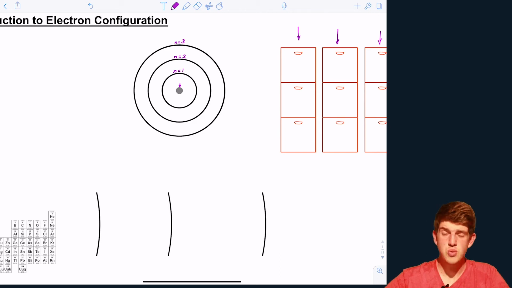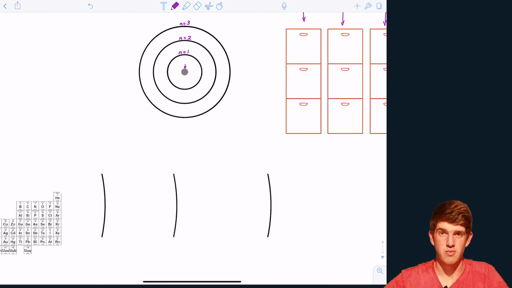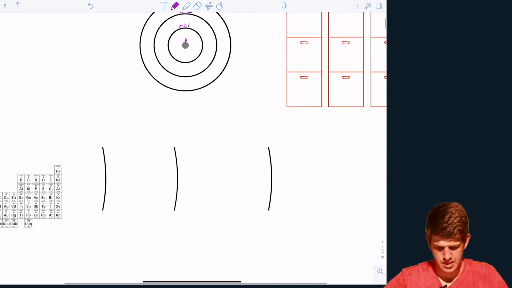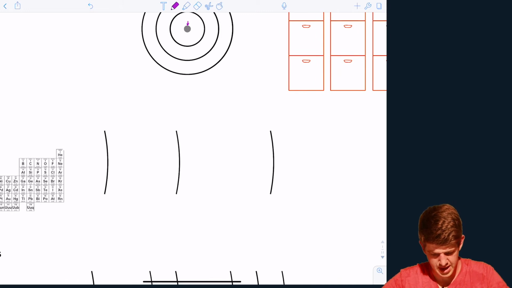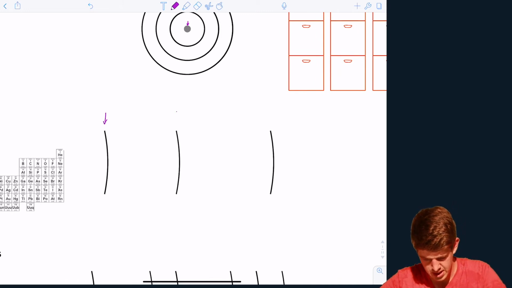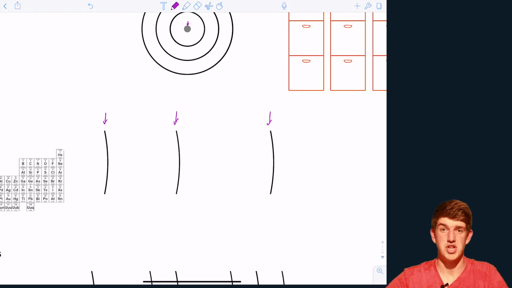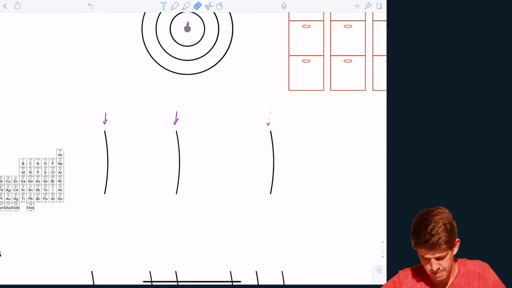Now, each one of these shells can only hold a certain amount of electrons, and each one of those is a rigid number. So I'm just going to represent each one of those shells as a line here.